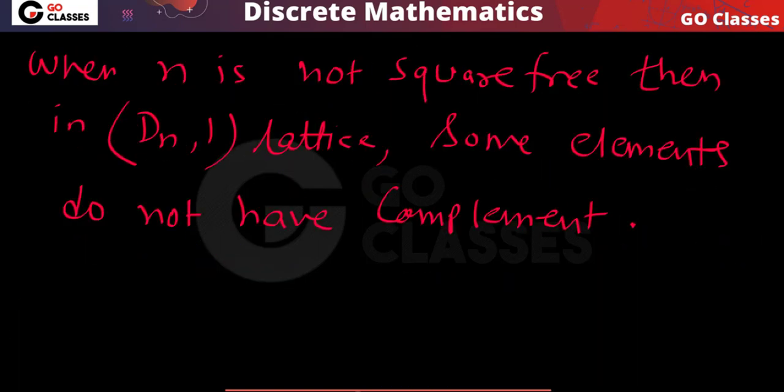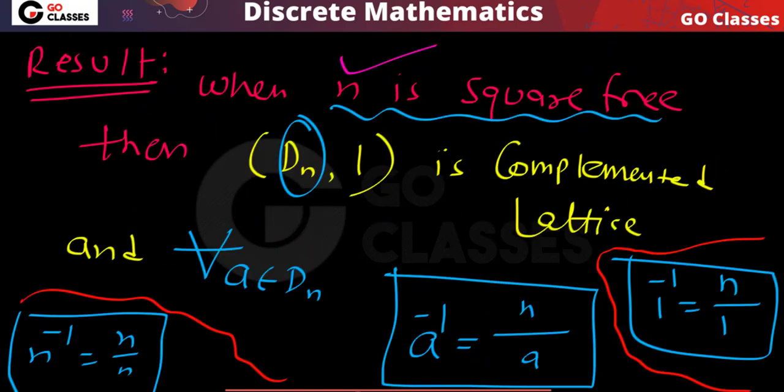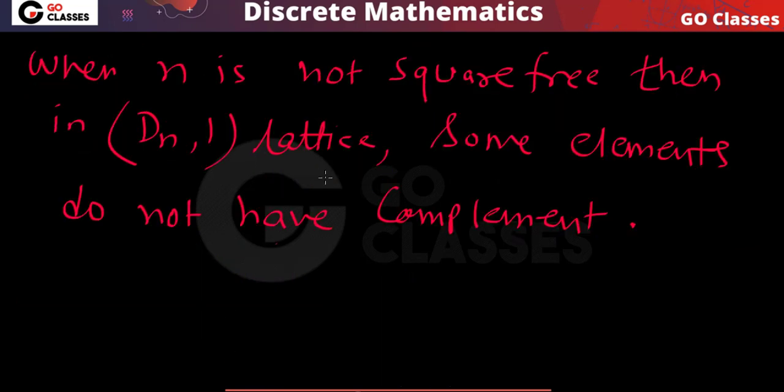I hope every point that we have seen is clear. When n is square free, for any element you can very easily find the complement, that will be n divided by a. But when n is not square free, some elements do not have a complement.